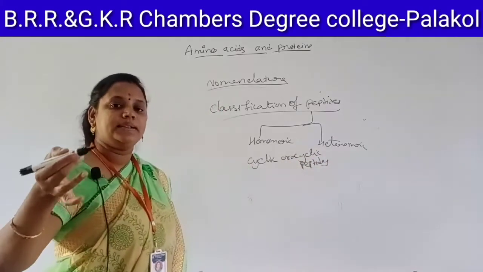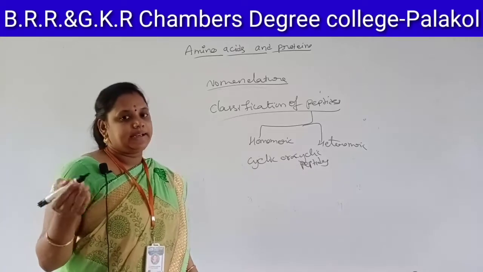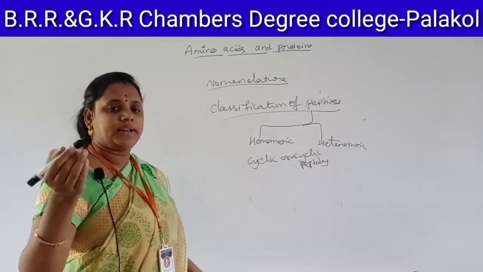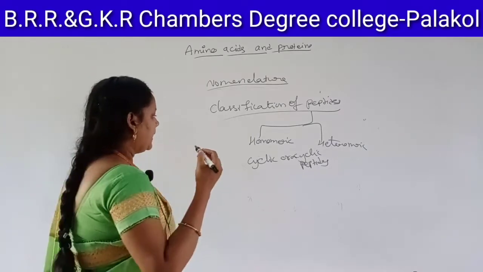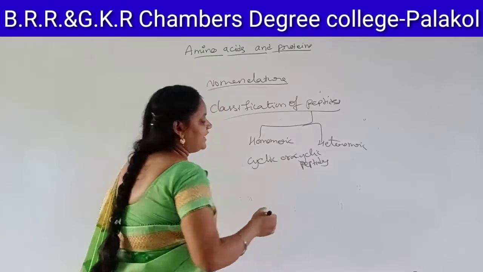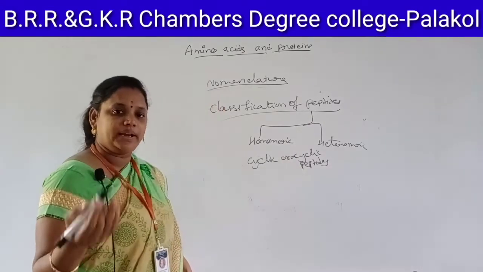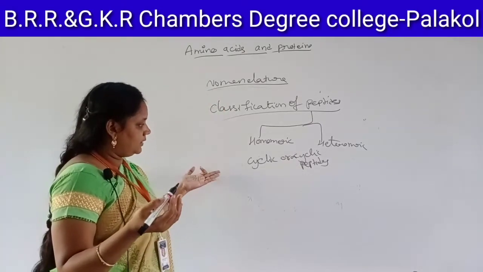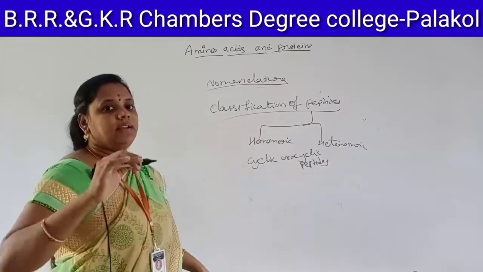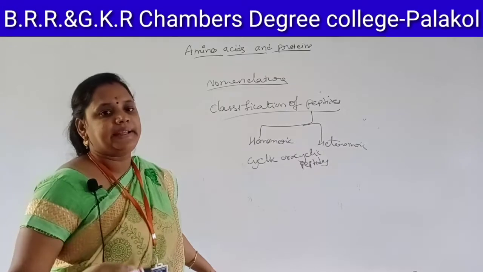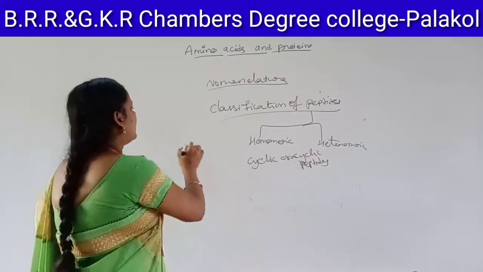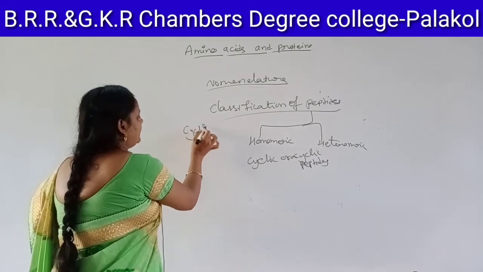Cyclic peptides means, what are cyclic peptides students? Which have a ring. And acyclic peptides means which do not have a ring. So, the peptides which contain a ring are called cyclic peptides, and the peptides which do not contain a ring are called acyclic peptides.